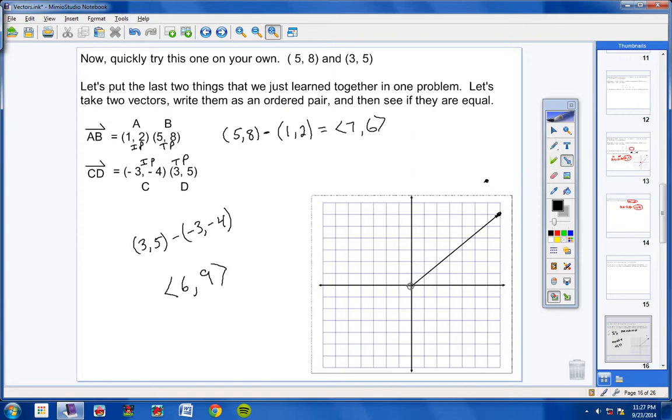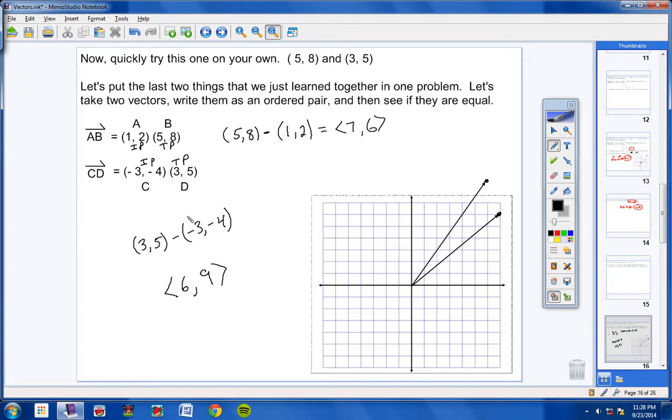Students, well, first of all, let me stop right there. Hopefully you understand what I've done. I quickly took vectors that were written with an initial point and a terminal point, and I wrote them as an ordered pair.